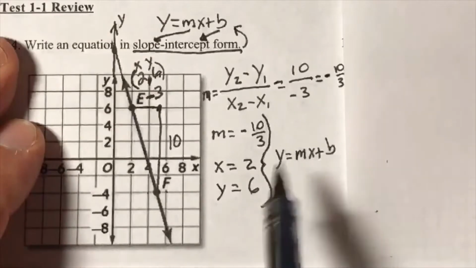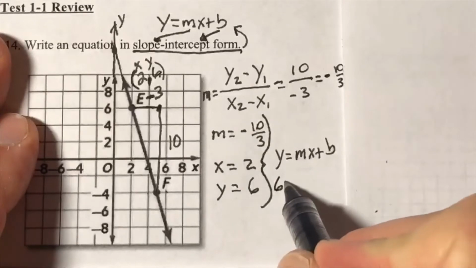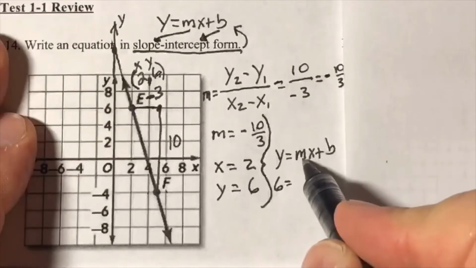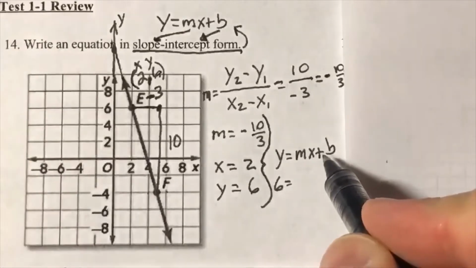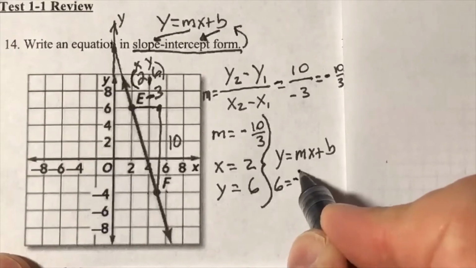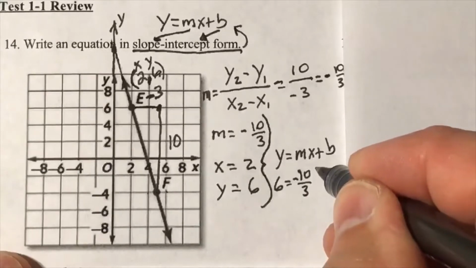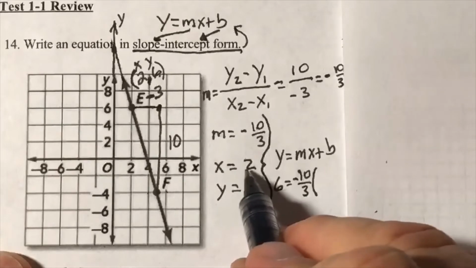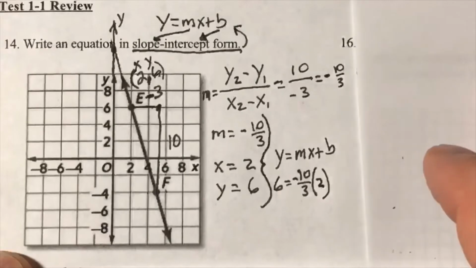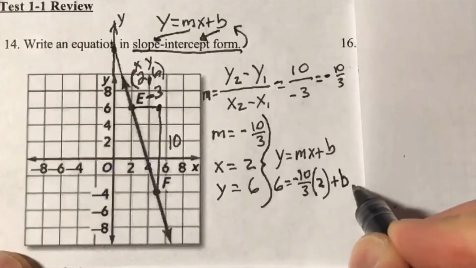I'm going to replace my y with 6. This is m times x. So my slope, negative 10 over 3, multiplied times my x, 2, and then plus b.